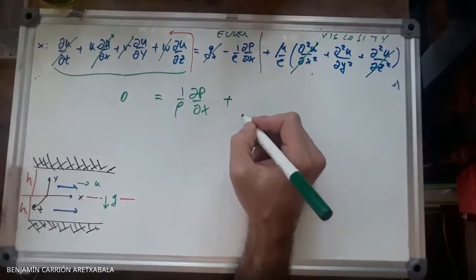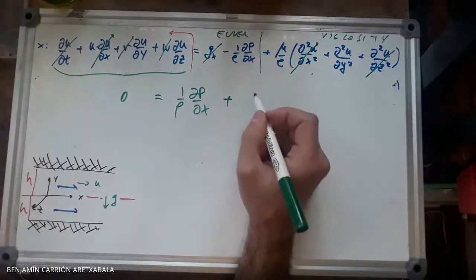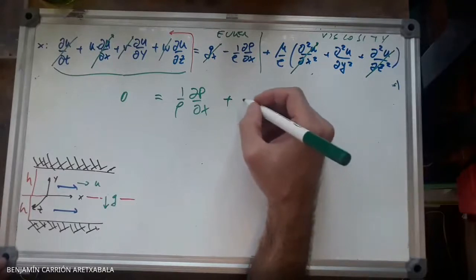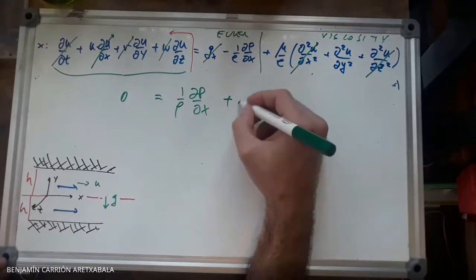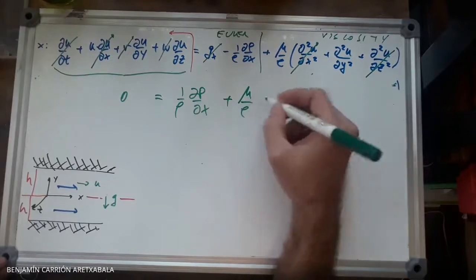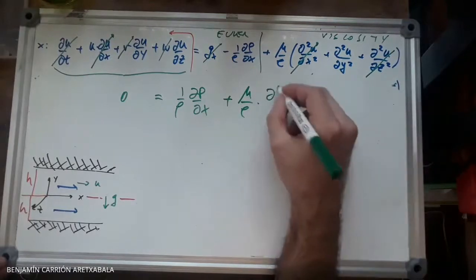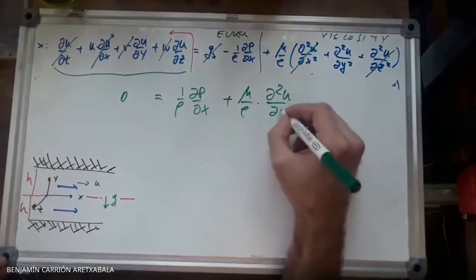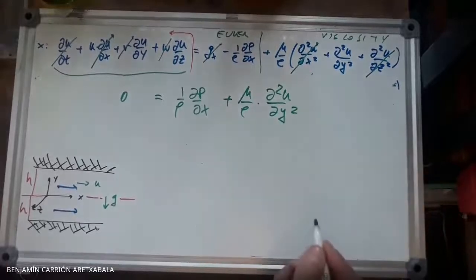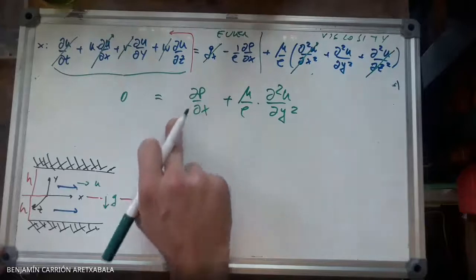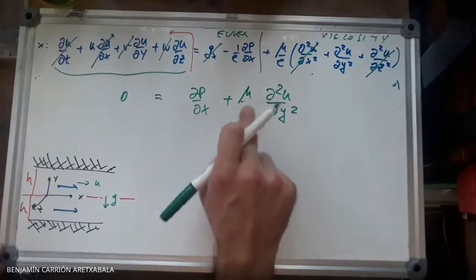plus mu over rho d squared u over dy squared, right? We can just take out the rows just to make it clear.